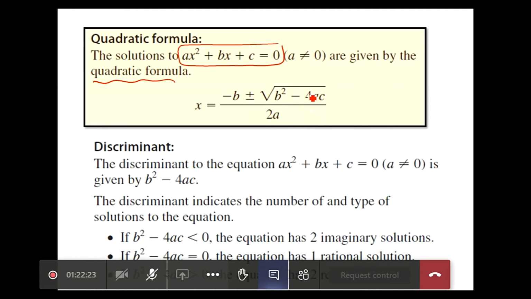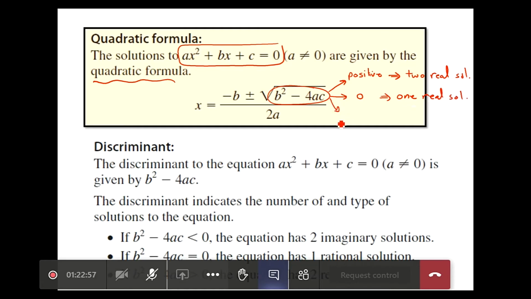This is called the discriminant. If the discriminant is positive, we have two real solutions. If the discriminant is 0, we have one real solution.